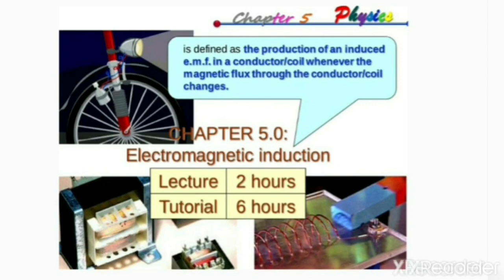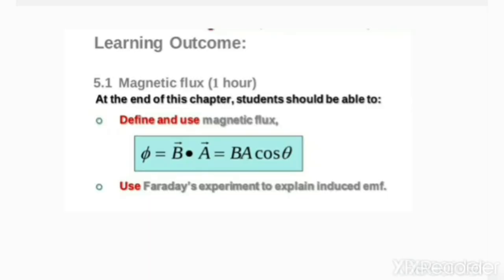Chapter 5, Electromagnetic Induction. Electromagnetic induction is the production of an induced EMF in a conductor or coil whenever the magnetic flux through the conductor or coil changes. First of all, we are going to learn about magnetic flux.